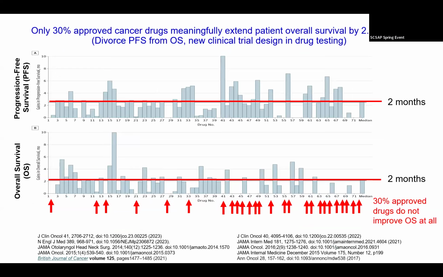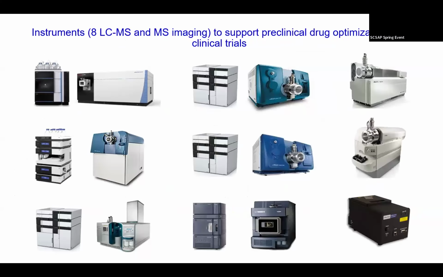Then in phase 3 trial confirmation, only 30% are able to extend survival by 2.5 months. 30% do not extend overall survival even for a day, and most of those drugs are still on the market. And 40% in the middle extend it by 2 weeks, a month. So that's the problem. One is because of the dose, another is that the wrong drug went to clinical trial.